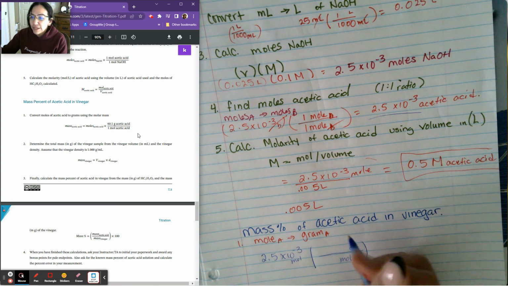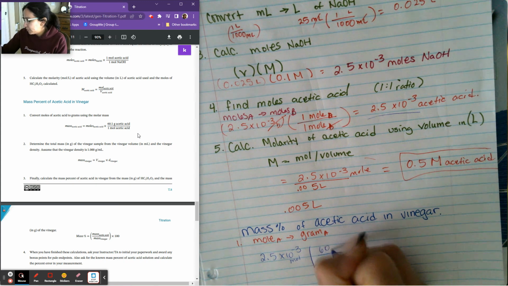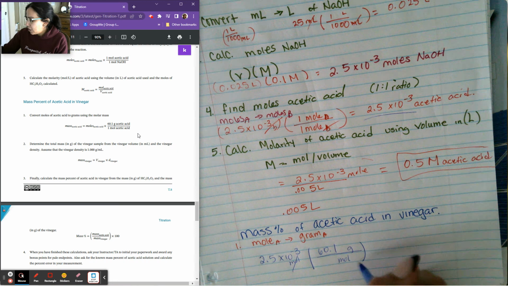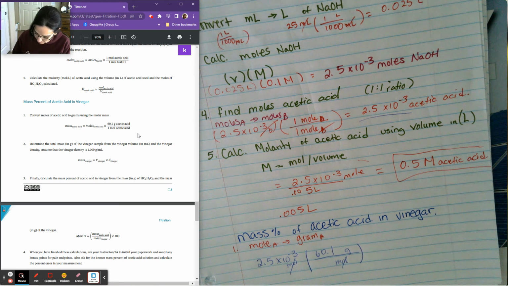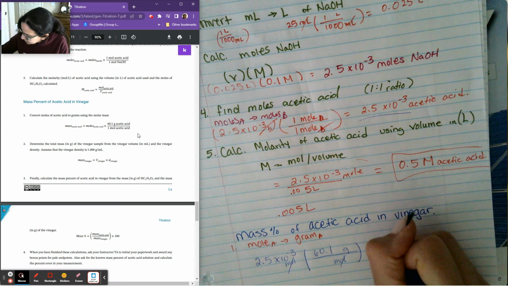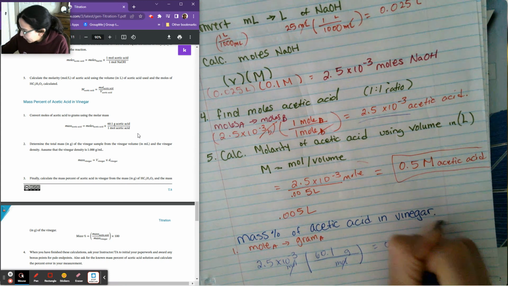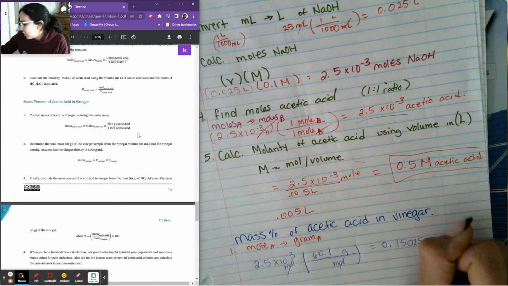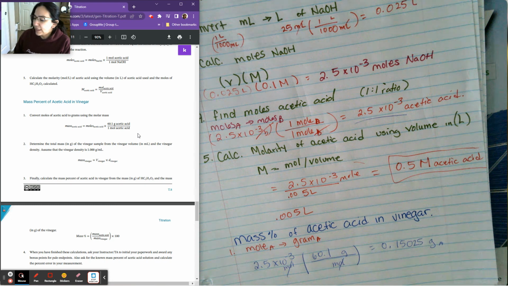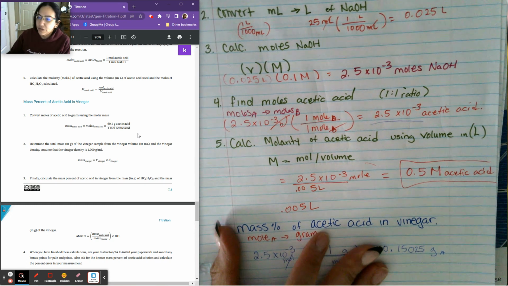The molar mass they gave us was 60.1 for our acetic acid. Moles cancel out, so I'm going to take my 2.5 times 10 to the negative third and multiply that by 60.1, and I get 0.15025 grams of my acetic acid. That's what's given to me.